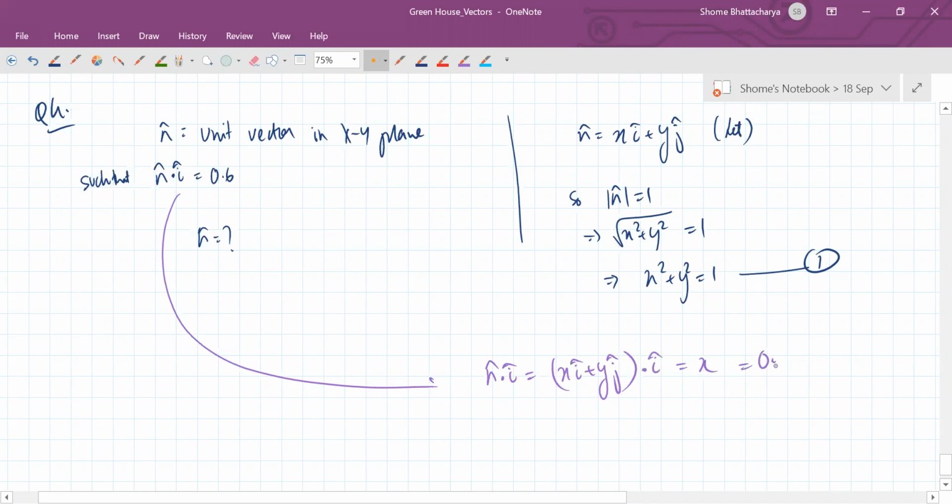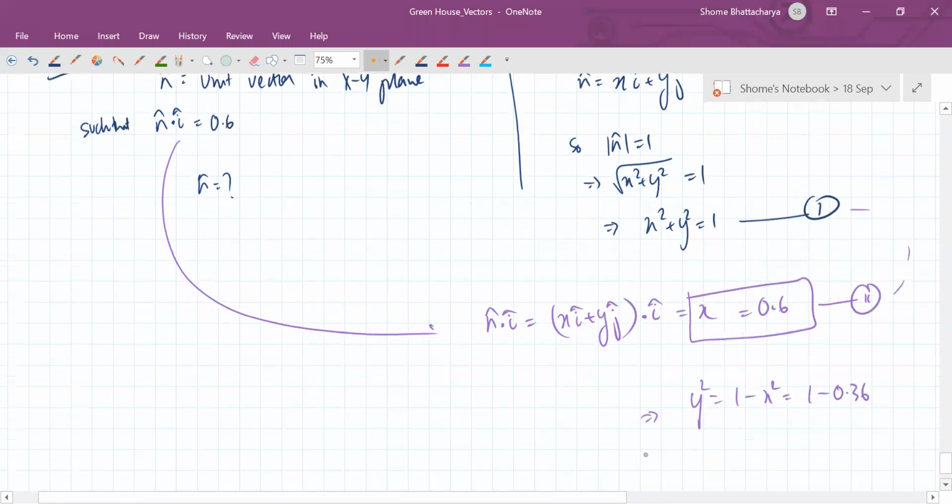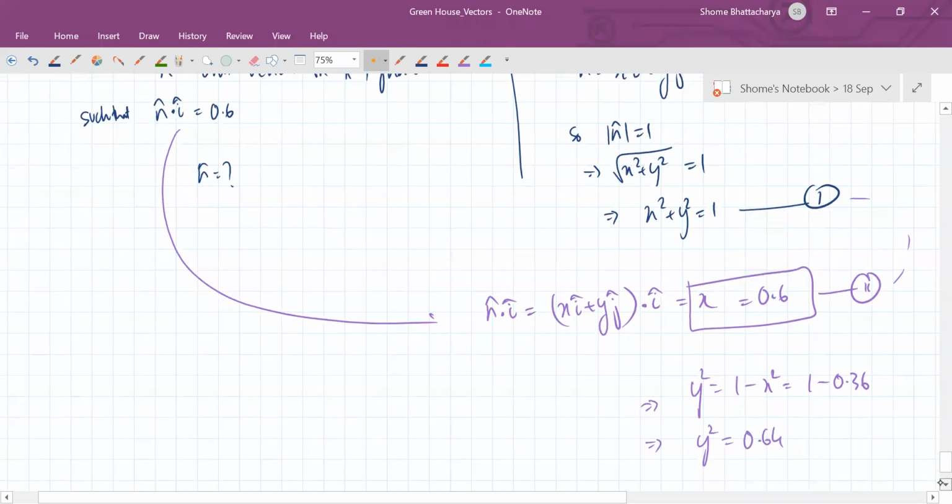Now that is given to us as 0.6. That's it. So now substitute that here. So we can see that y square is equal to 1 minus x square. So y square is equal to 0.64.